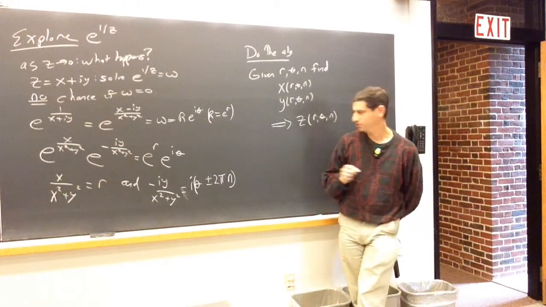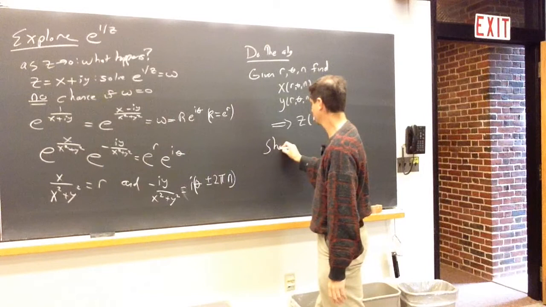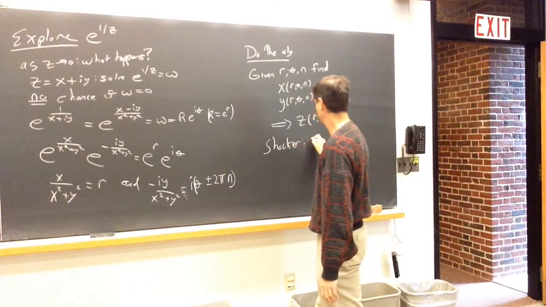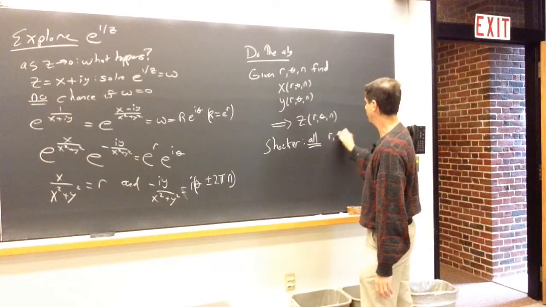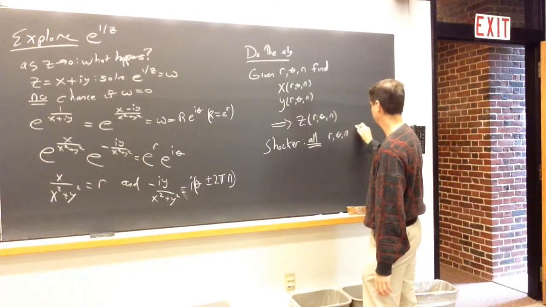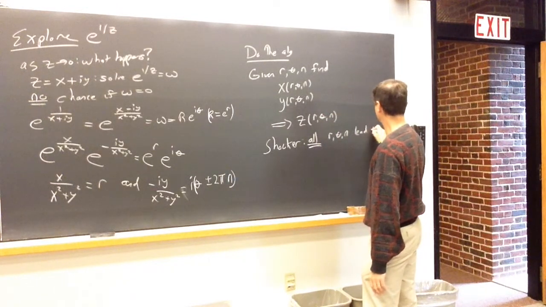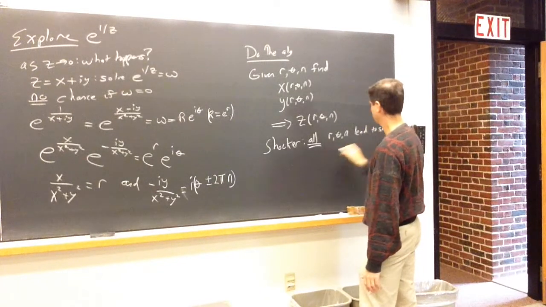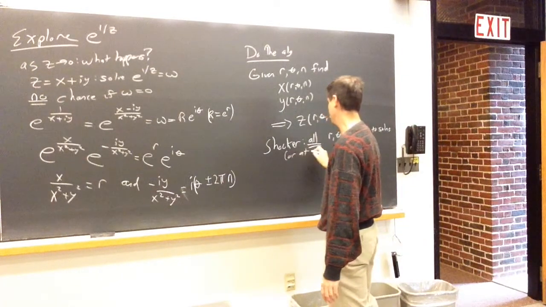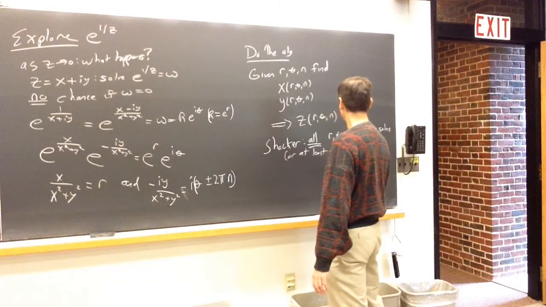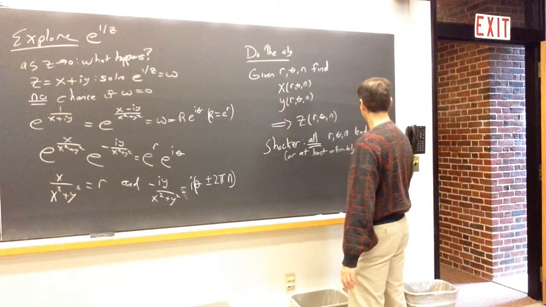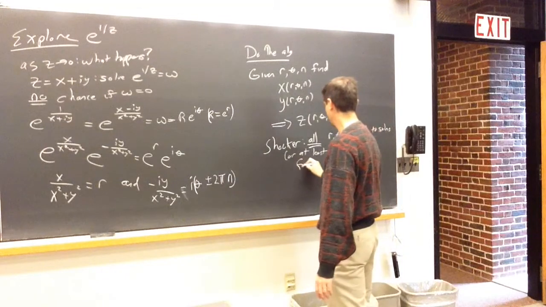The shocking result: all r, theta, n, I think, lead to solutions. Or at least infinitely many n for given r and theta.